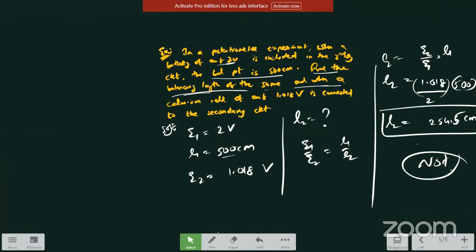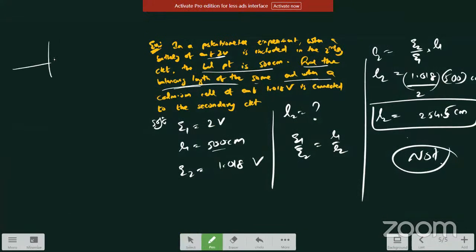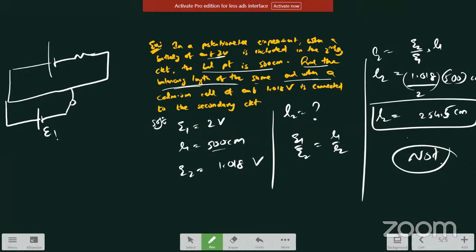See, initially the battery and resistance are there, and the complete primary circuit is as it is. But in the secondary circuit, in the first case we connect a battery of EMF E1 and find the balancing length to be L1.